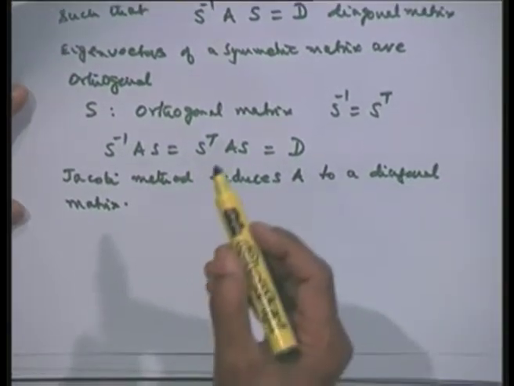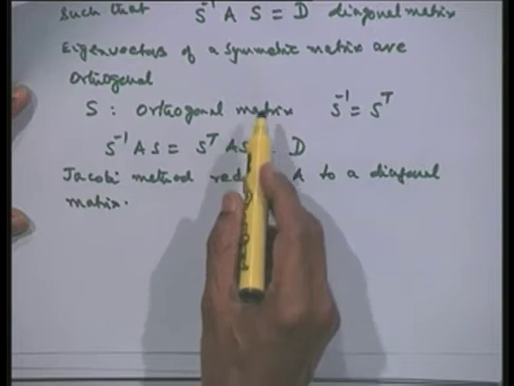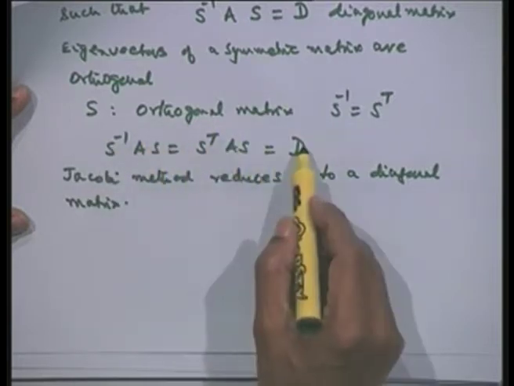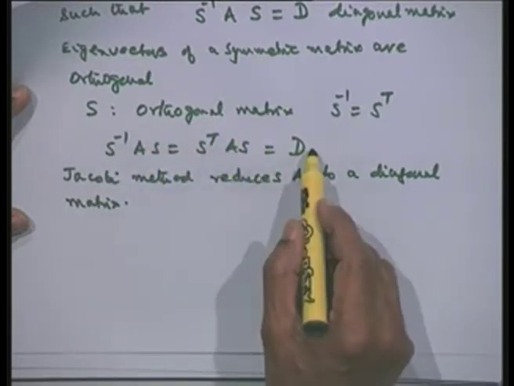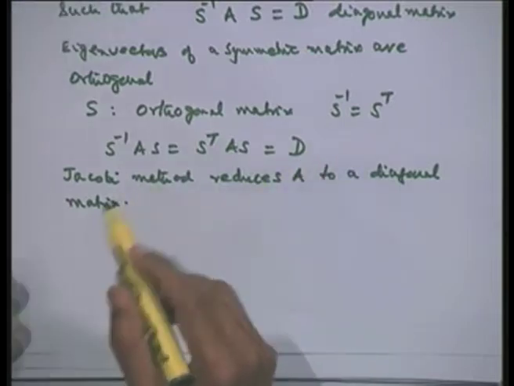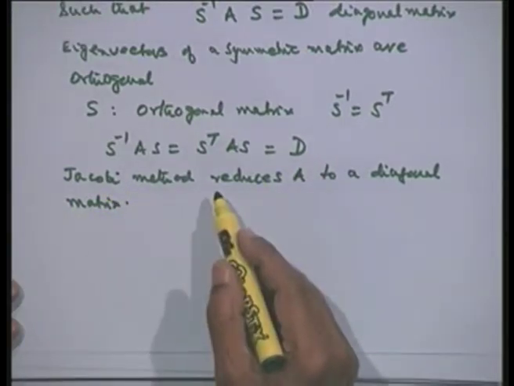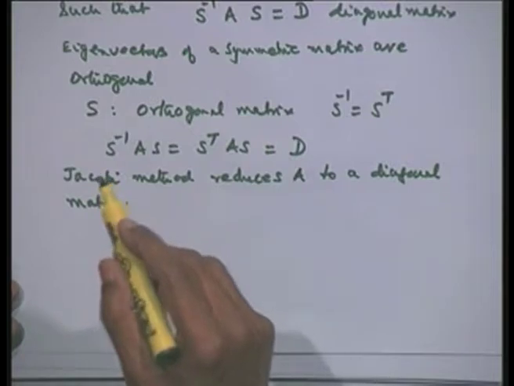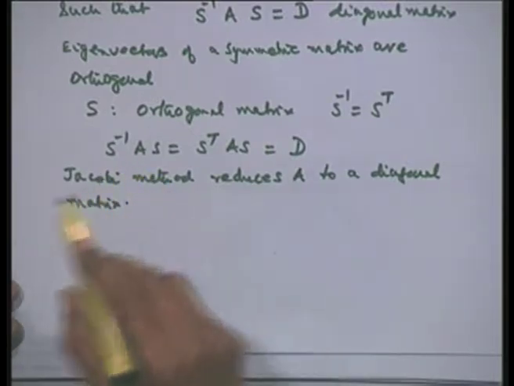We know that applying a similarity transformation using an orthogonal matrix finally reduces A to D. Therefore, it attempts to find a series of similarity transformations in a plane, which will be orthogonal rotations.